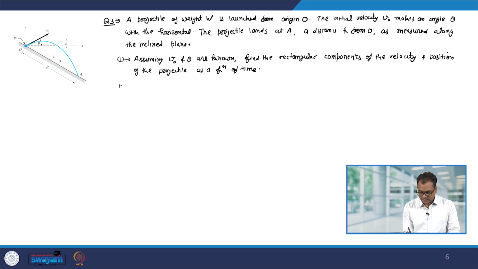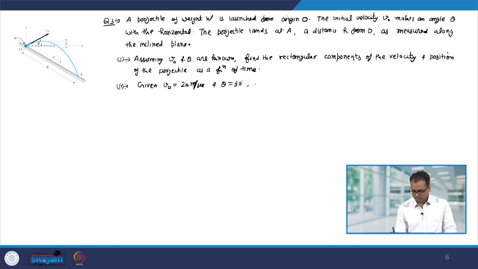And in the second part, we have been given the value of v naught and theta. So, given v naught equal to 20 meter per second and theta equal to 30 degree, determine the maximum height h and distance r.